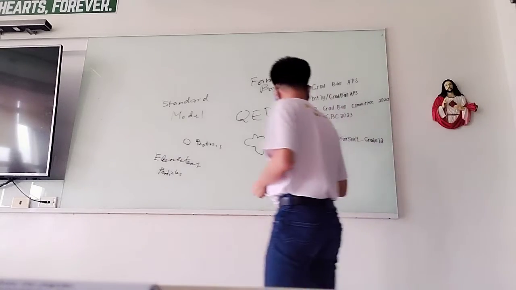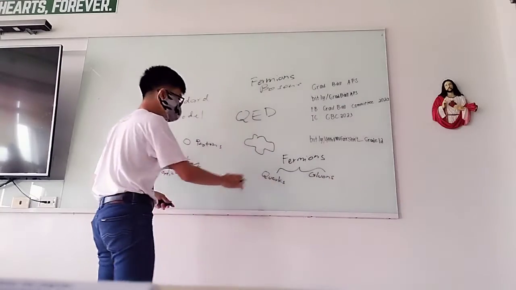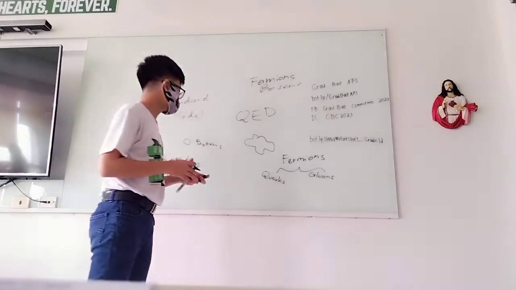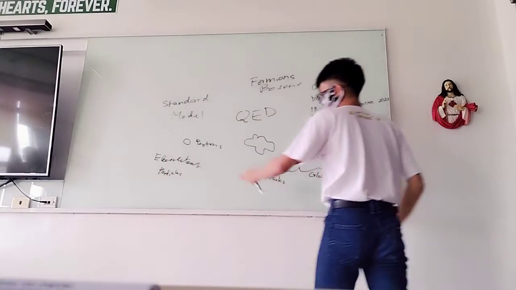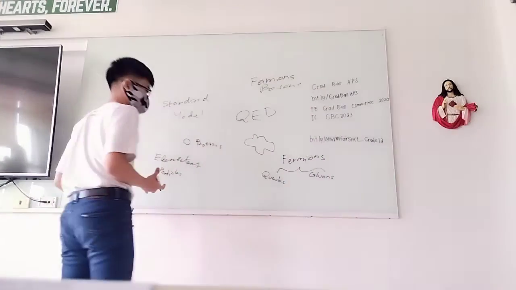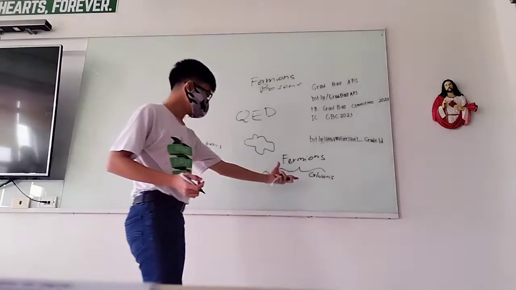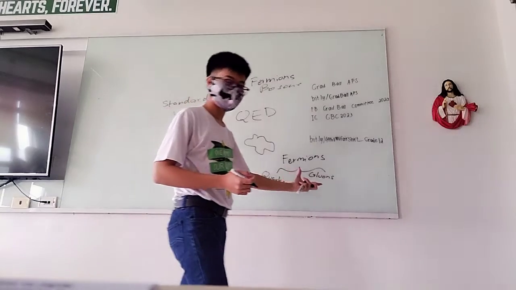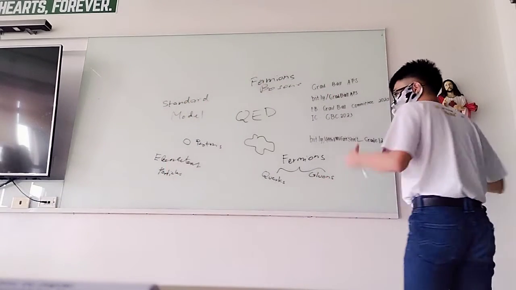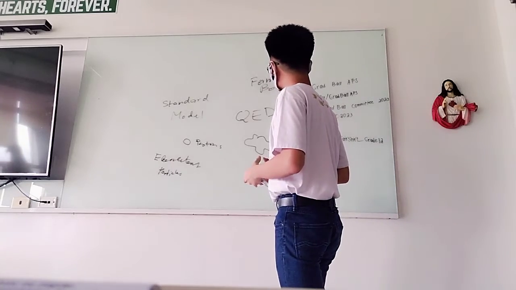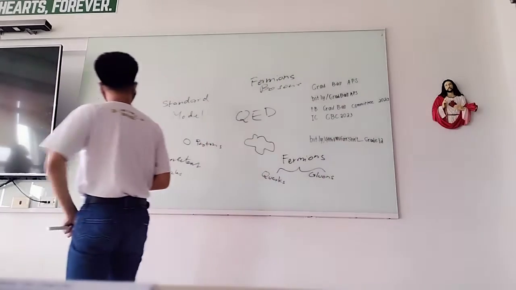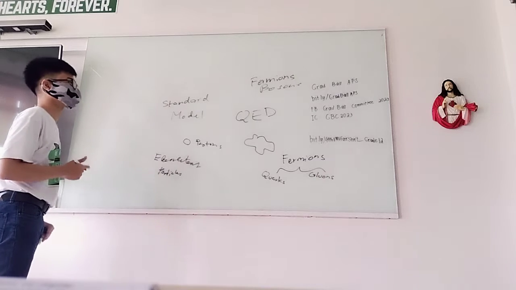So quarks and gluons. Quarks are the primary things that make up matter. They're the actual structure of the protons or other particles that make up atoms. While gluons are the particles that mediate the strong interaction force, which keeps the quarks together. Bosons, on the other hand, are wildly different.